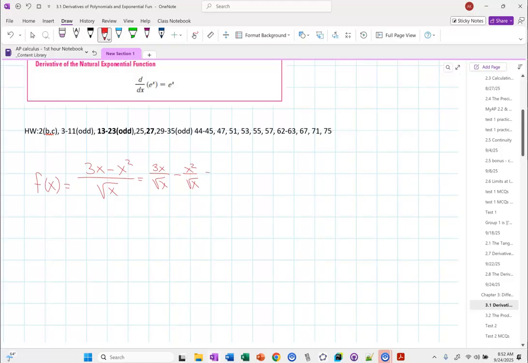And we know that square root of x is just x to the 1/2. And when we divide, exponents subtract. And now you're in a form where derivative rules apply. Easy peasy, right?